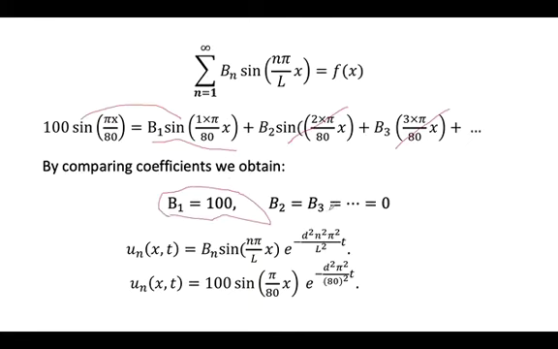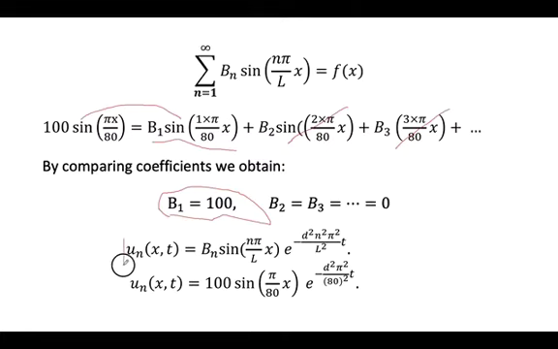And b2, b3 are equal to 0, because these terms are not found on the left hand side, so the comparison involves only the first term of this side and this one.